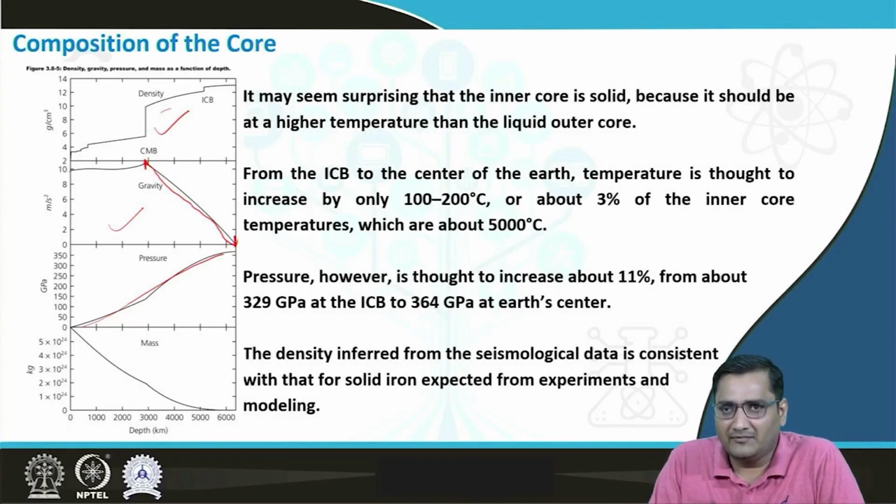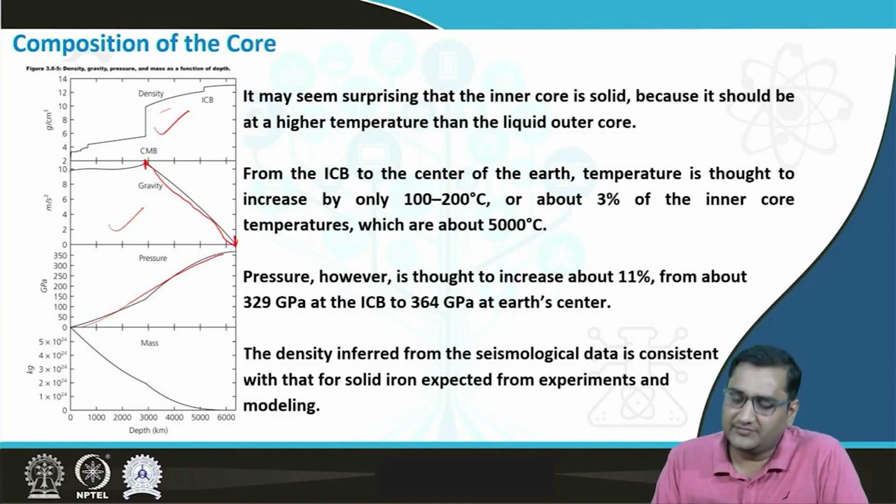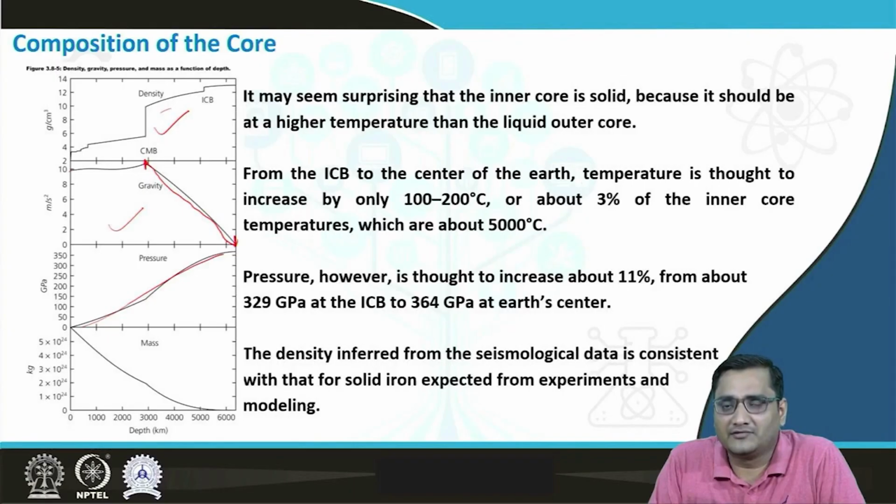That might be happening because the pressure increases so fast that it overcomes the increment in temperature as well. Because of that, the density might be higher in the inner core, and it is much more viscous than the outer core, because of which it becomes solid.